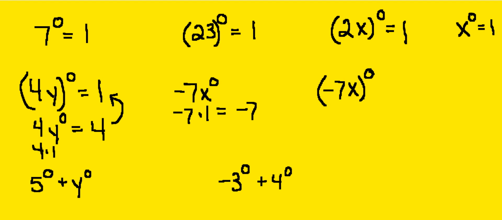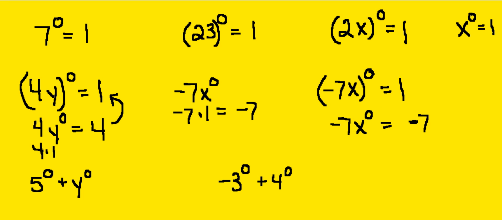Okay, and finally, how about this one? Negative 7x to the 0. This simply equals 1. It's all enclosed in parentheses. If it were written negative 7x to the 0 this way, then I'm going to have an answer of negative 7. Okay.